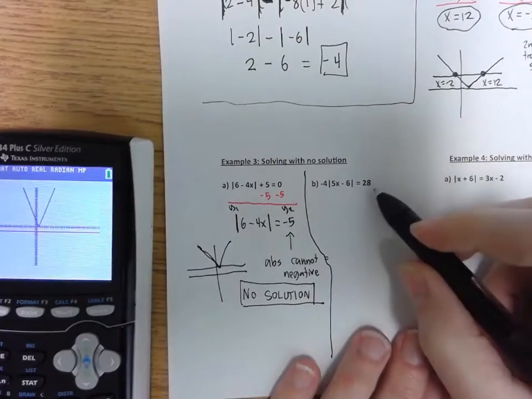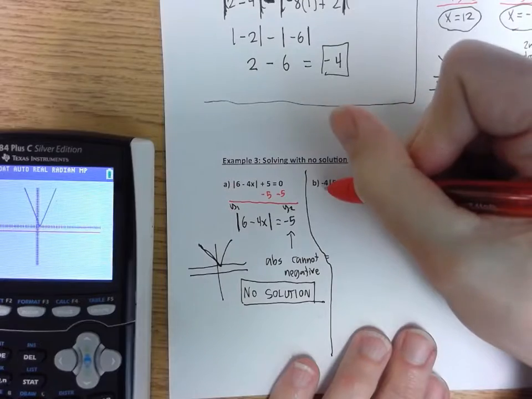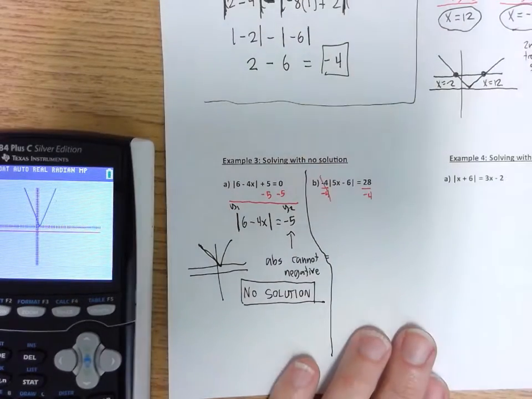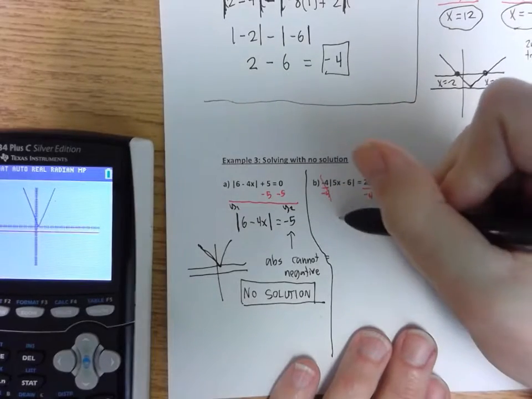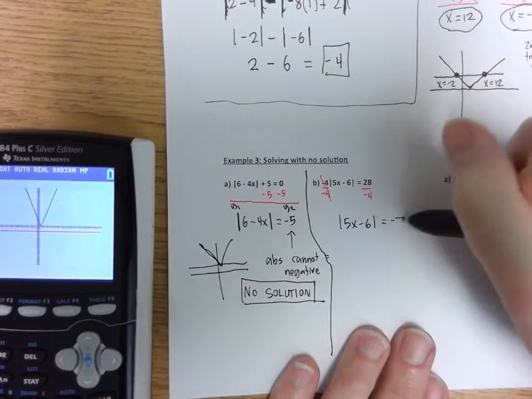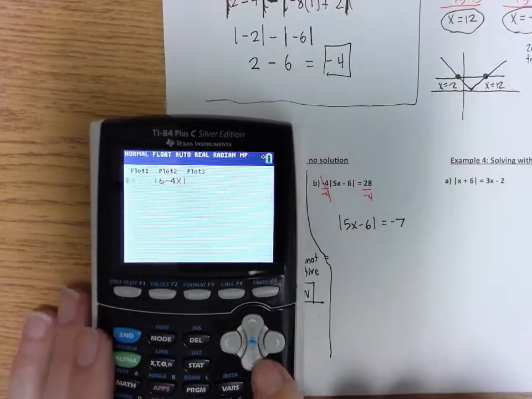And the same thing for part B. Now part B looks like it equals a positive, but remember that we have a number multiplied on the outside. So I have to divide by that -4. And that's going to give you absolute value of 5x minus 6 equals -7. And again, we got a negative. So once more, we're going to have that same problem.